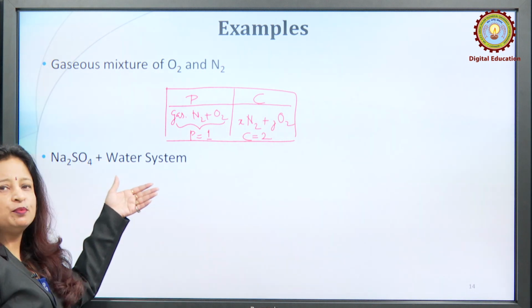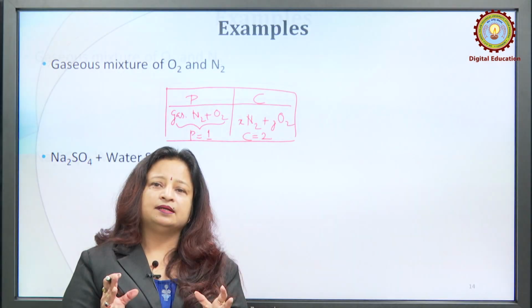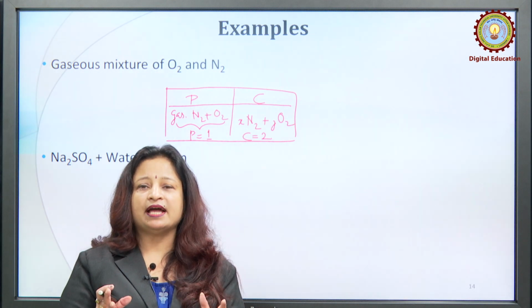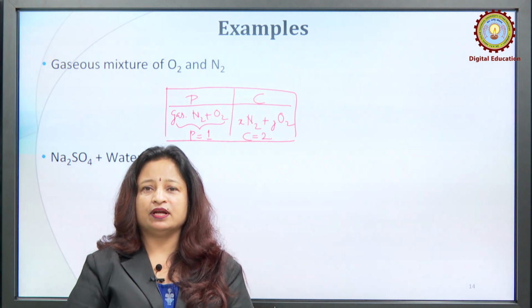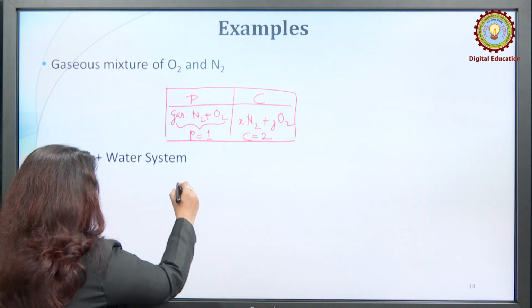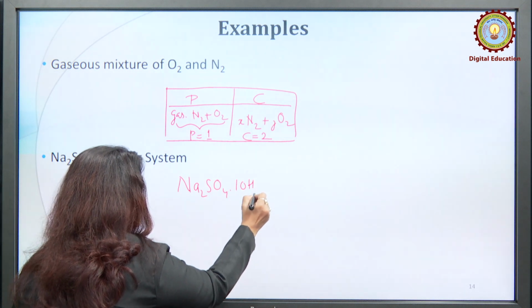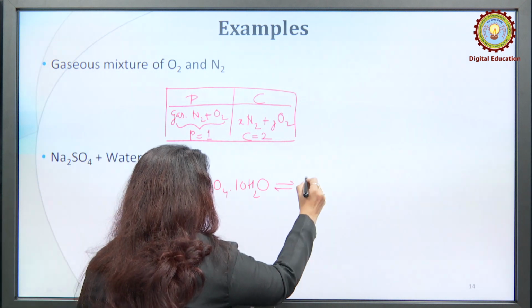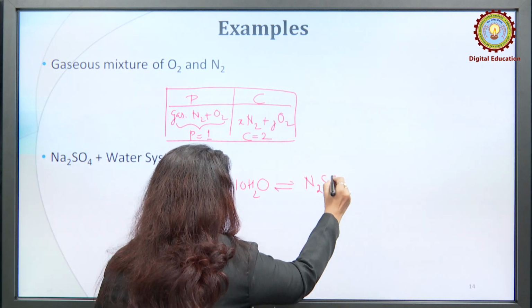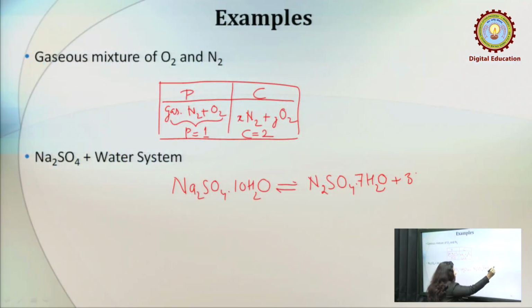Similarly, the Na2SO4 plus water system, right. In this particular case you can see that it is a system wherein crystalline water molecules are present, right. So, Na2SO4 dot 10 H2O, suppose, this is the species. Now, it can be ionized into Na2SO4 dot 7 H2O plus 3 H2O.